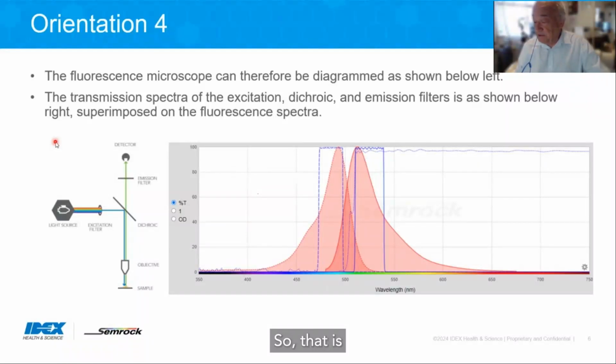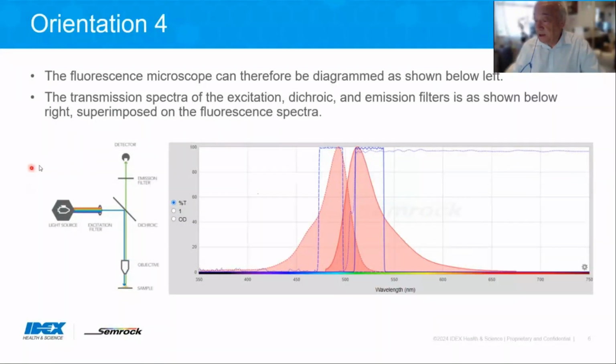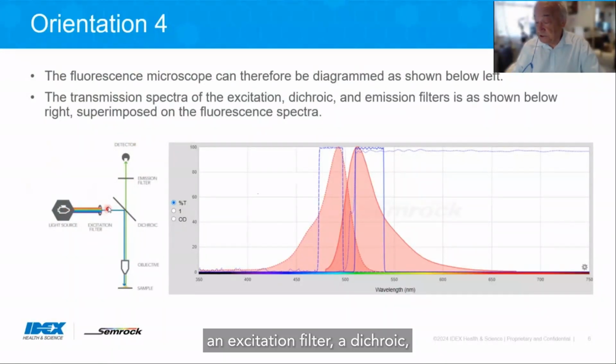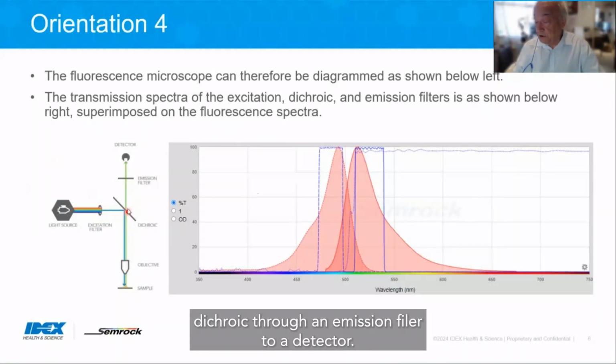So that is essentially the orientation towards the microscope, and it can be diagrammed in this way with a light source, an excitation filter, a dichroic, an objective lens, a sample. The emitted light then goes past the dichroic through an emission filter to a detector.